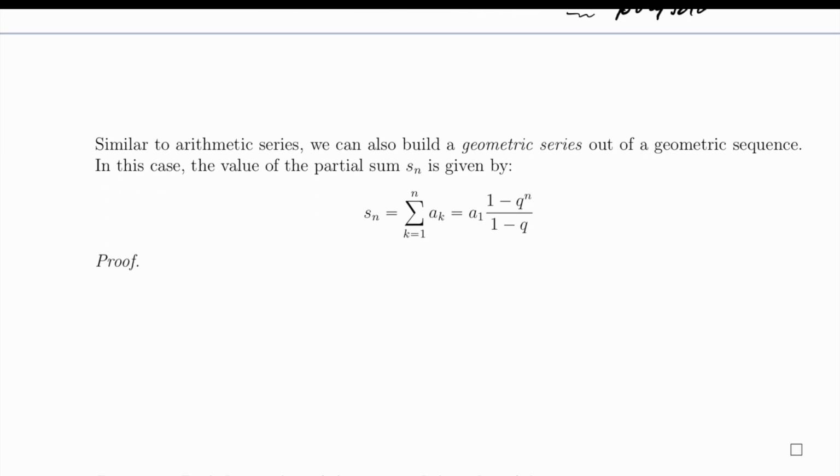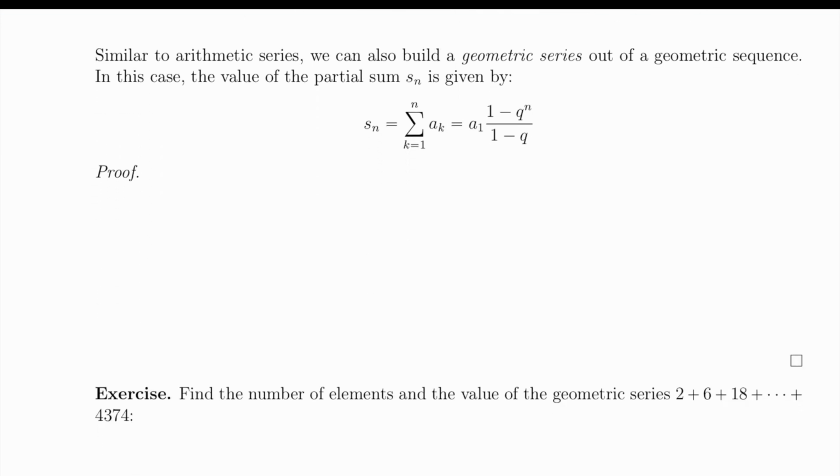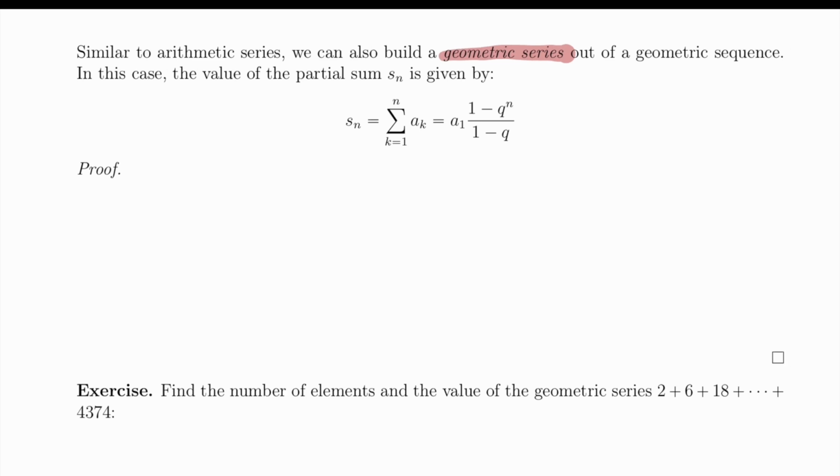All right, and similarly to arithmetic sequences, you can also, of course, have a series. You can also have geometric series. So here it's just the same thing. Now our sequence that we sum up is just a geometric one.